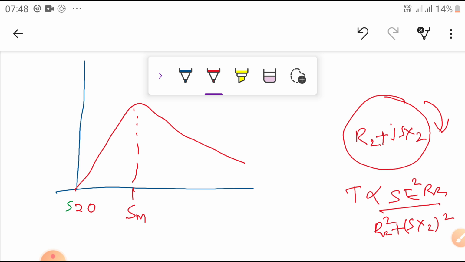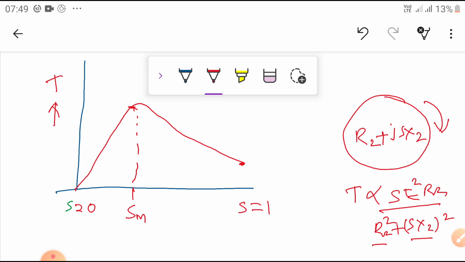Now, as we know, when slip goes on increasing, the torque also increases. When this resistance equals this value, it becomes the maximum torque, and beyond that it is a decreasing rectangular hyperbola. This is the starting torque, in this case S is equal to 1, that is, rotor speed is 0.